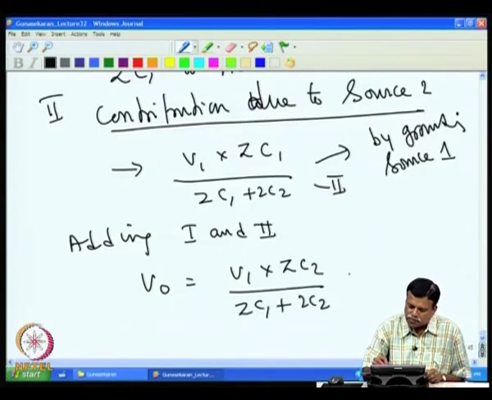Then since the other one is minus, since the polarity is reversed, I can write it as V1 into ZC1 divided by ZC1 plus ZC2.